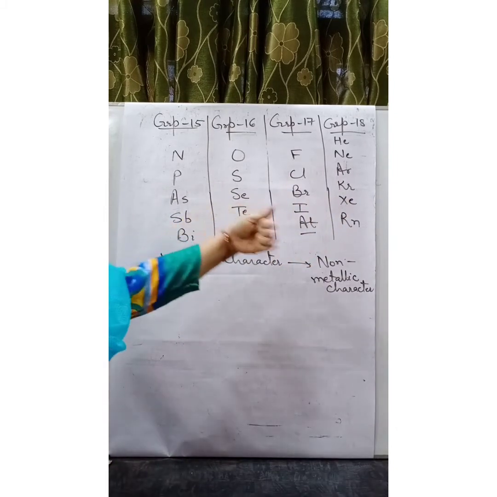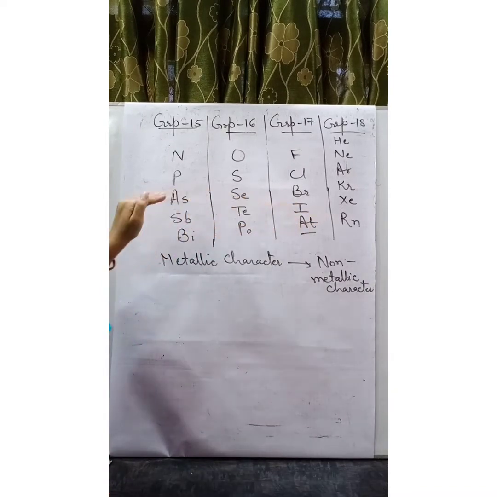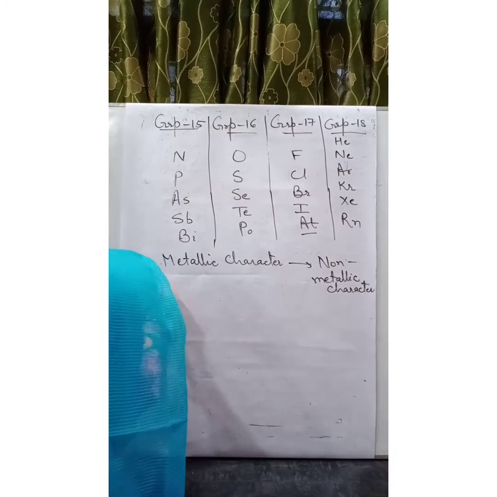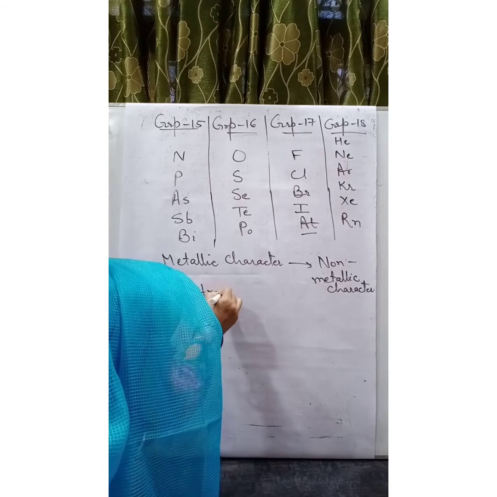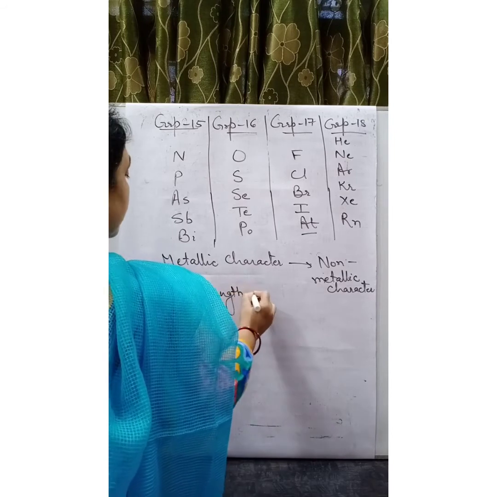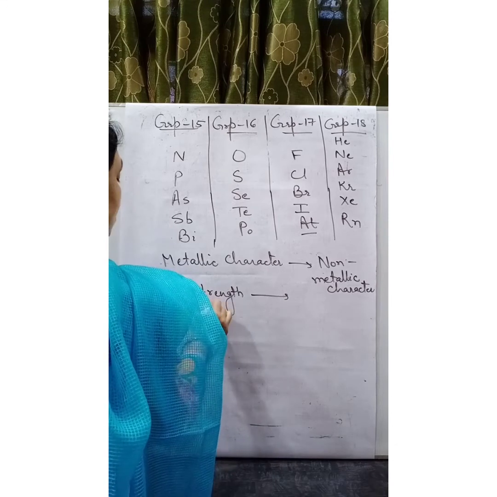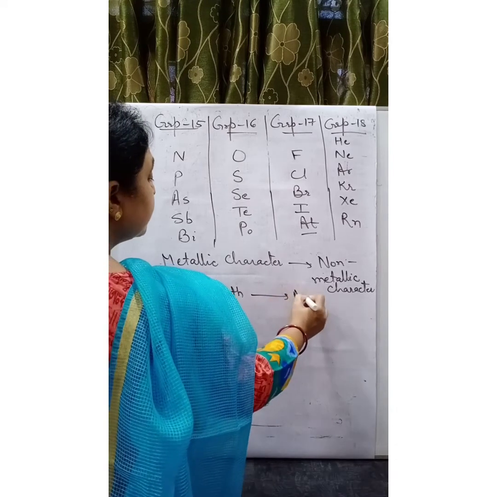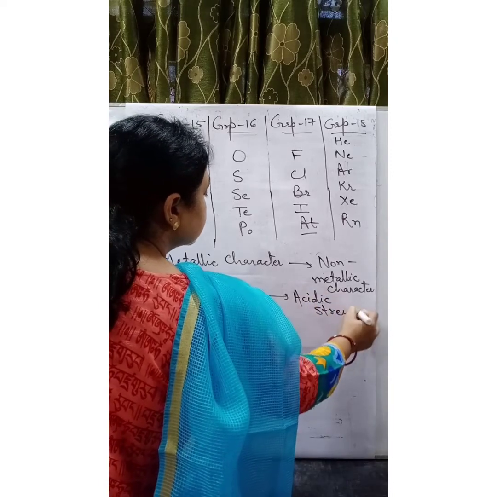And why is this happening? Because when we are moving from left to right in a period, the atomic size is decreasing. In other words, the basic strength of hydrides slowly changes into acidic strength of hydrides.